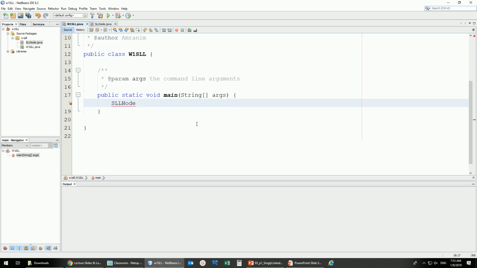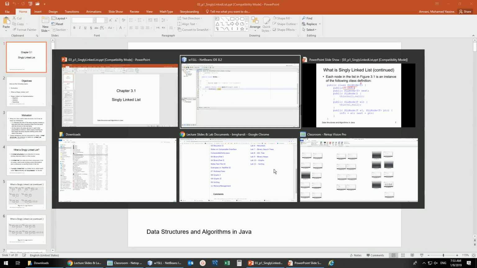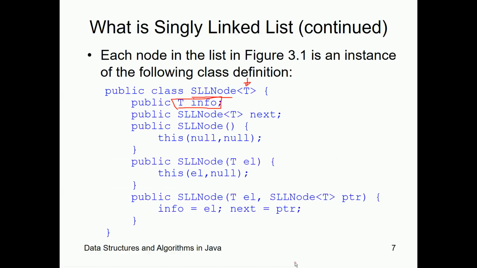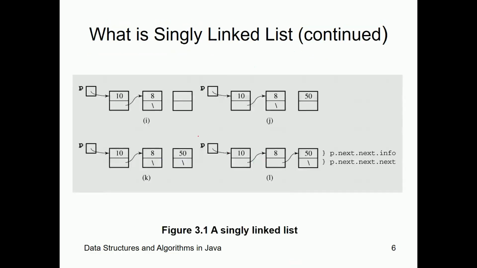How can I have a list of nodes, an array of nodes? How can I have many nodes like this?